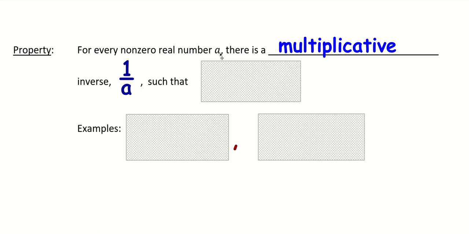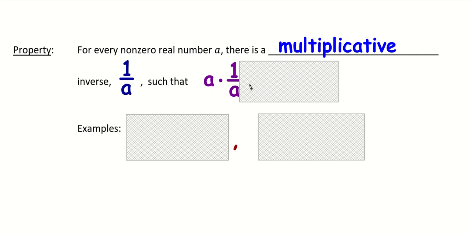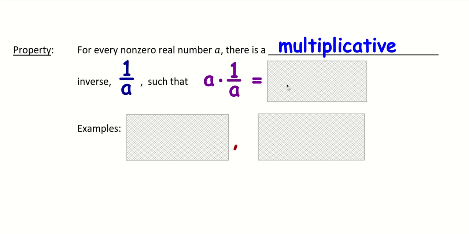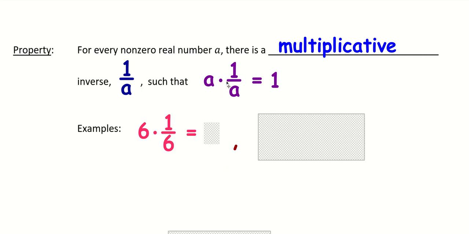For any real number A, just not 0, there's a 1 over A, which we can call a multiplicative inverse, such that if we multiply them together, whether it's 5 times 1 over 5 or negative 3 times 1 over negative 3, what does it always equal? 1.